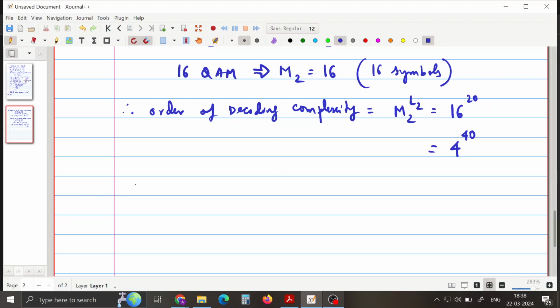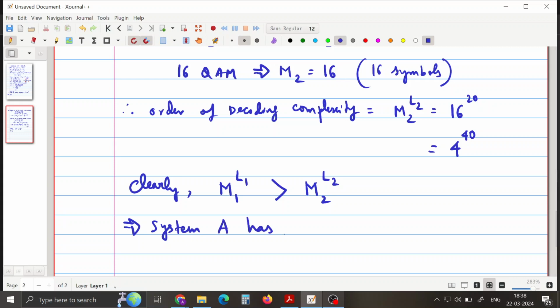So clearly, M1 to the power L1, which was the order for system A, is greater than the order for system B, which is M2 to the power L2. Or in other words, system A has higher order of decoding complexity.